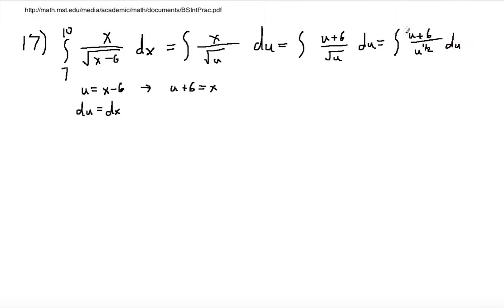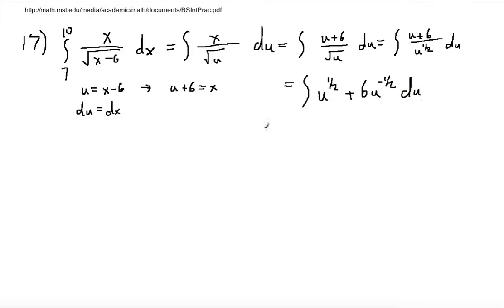And when you divide things that are of the same base, you subtract what's in the exponent place. So this is u to the 1st power, and we subtract u to the 1/2 power. That will give us u to the 1/2 here. And here they're not of the same base, but we can bring the u upstairs and put it with the 6 if we make it a negative power.